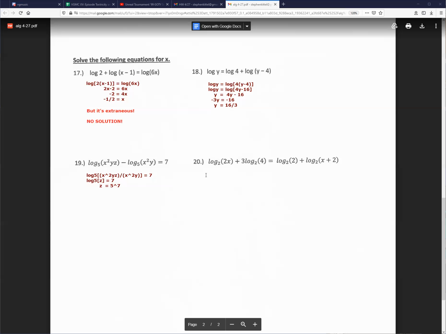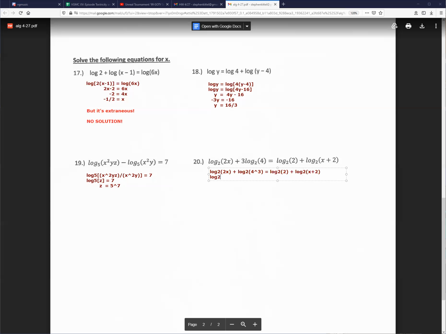All right, one more to go. We're going to do our best to simplify these 4 logarithms here. Log 2 of 2x plus log 2 of 4 to the third is equal to log 2 of 2 plus log 2 of x plus 2. All right, we've brought the numbers inside.